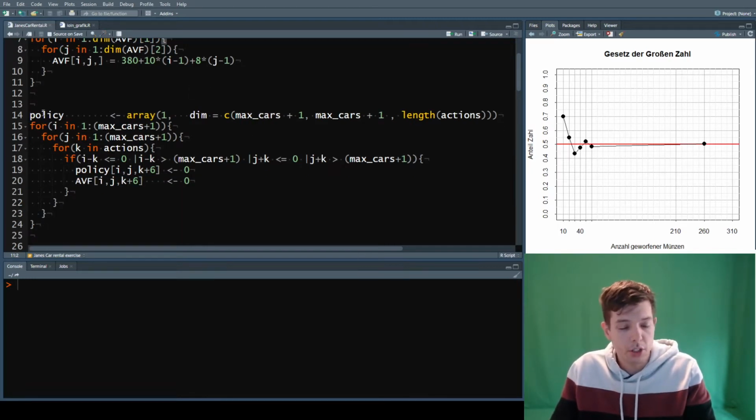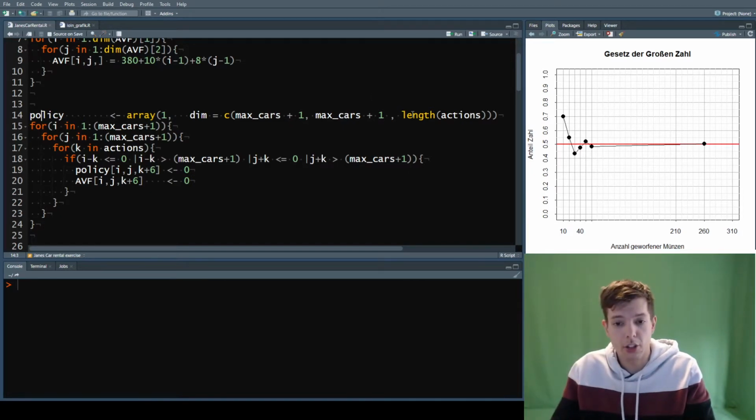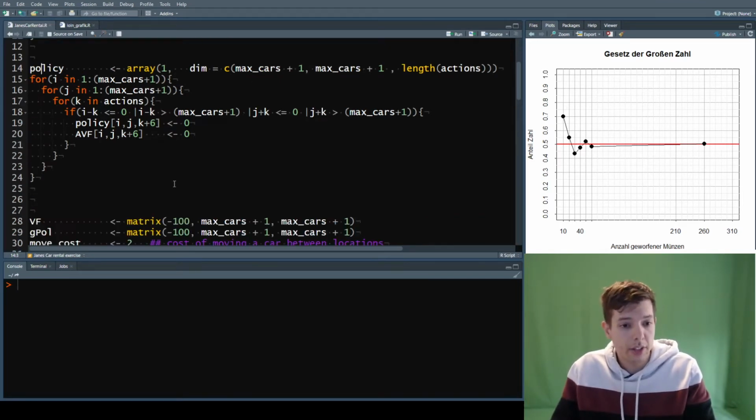We also need to initialize the policy. Of course, the policy has the same dimensions as the action value function because it gives us a probability of taking an action at a certain level of cars in the first location and a certain level of cars in the second location. And then after that, we of course needed to set all the points where we must not end up to 0.